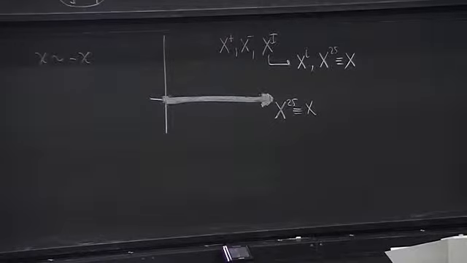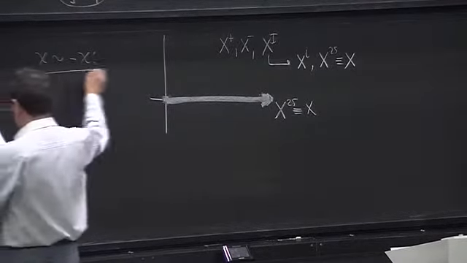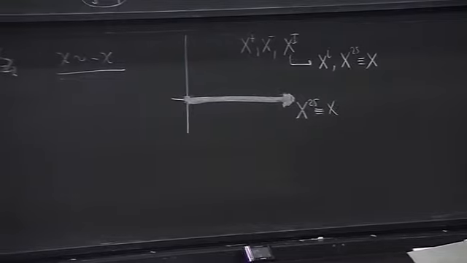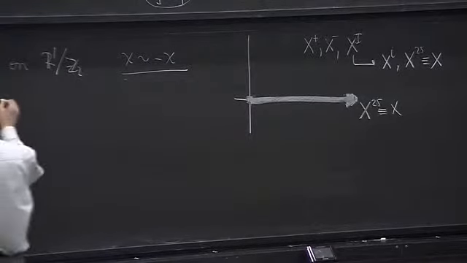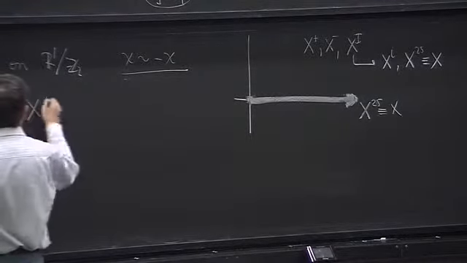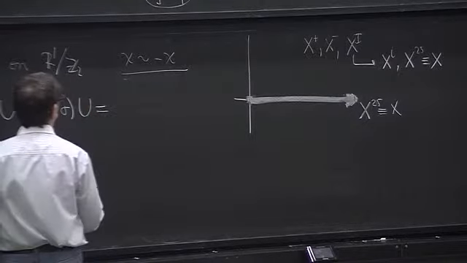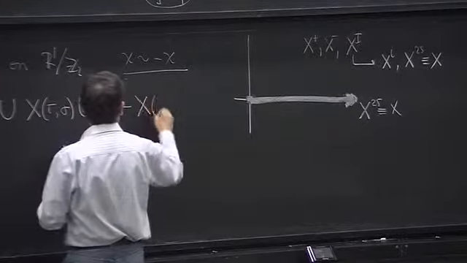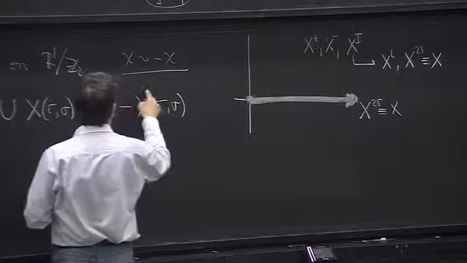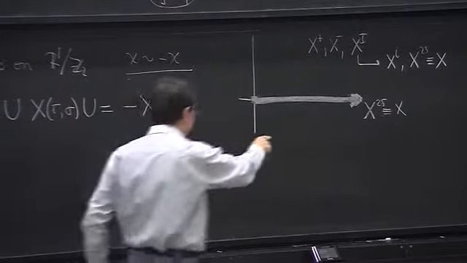In string theory, we proceed in the following way. We construct an operator that produces this transformation. This operator is going to be called U. And U is going to take x of tau and sigma and give you minus x of tau and sigma, for x being x25.